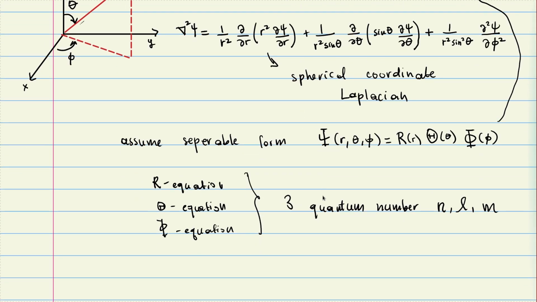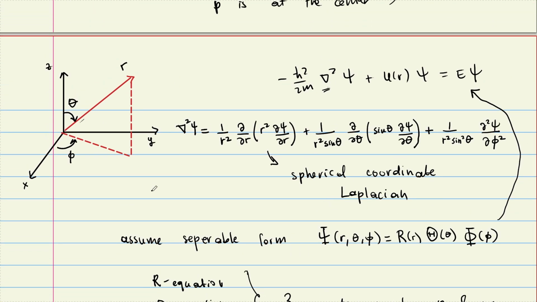Here, if you don't remember spherical coordinates, these are theta, this is phi. For example, you can calculate z is going to be r cosine theta, x is going to be r sine theta cosine phi, and y is going to be r sine theta sine phi.